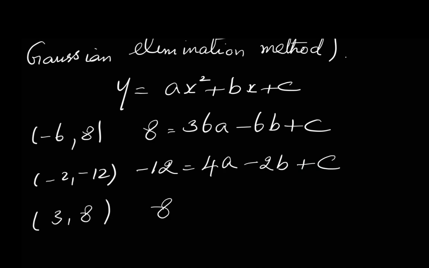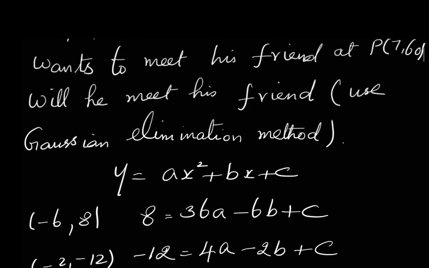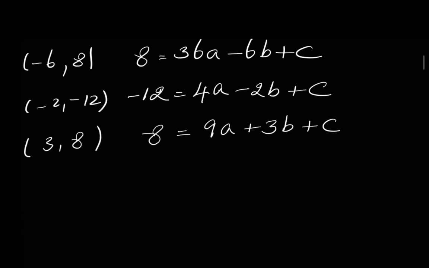Then y is here 8. Then replace x as 3, 9a plus 3b plus c. So these are three equations in terms of a, b and c. So we are going to solve these equations, getting the value of a, b and c. After that we will see the question asked for us here.